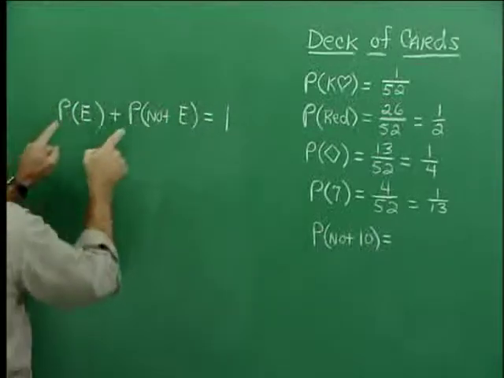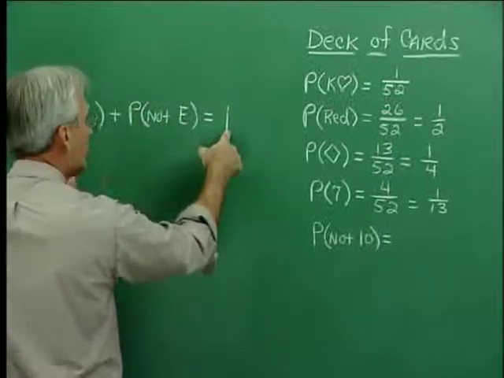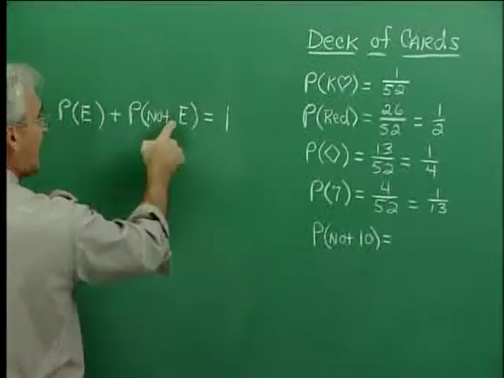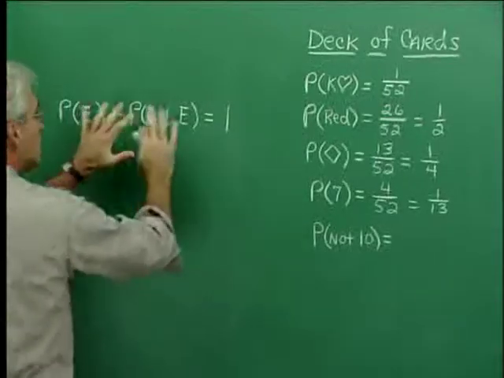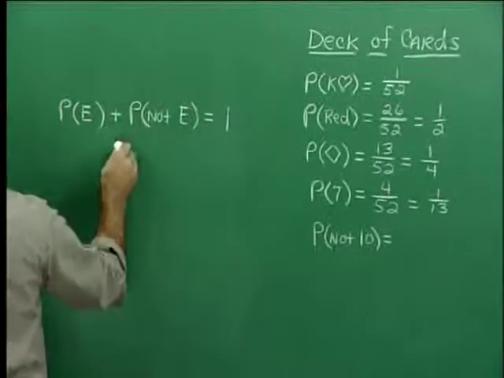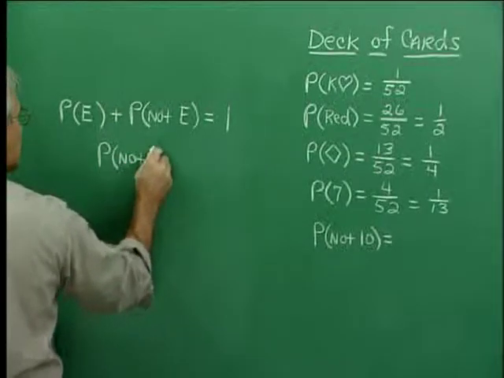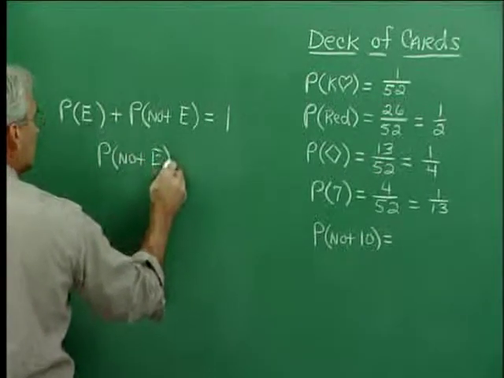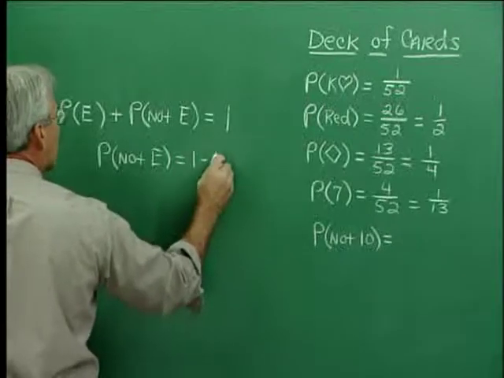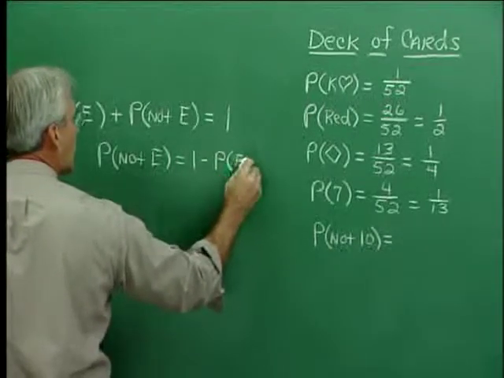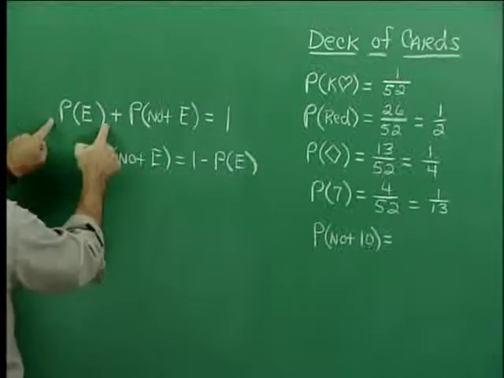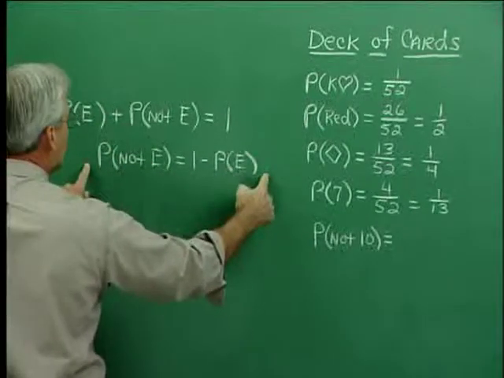You see, these two probabilities together is equal to 1. It's assured that either this will happen or that. Now let's use a little algebra on this. The probability then of not E is equal to 1 minus the probability of E. All I'm doing here is subtracting this on both sides, so I get this.